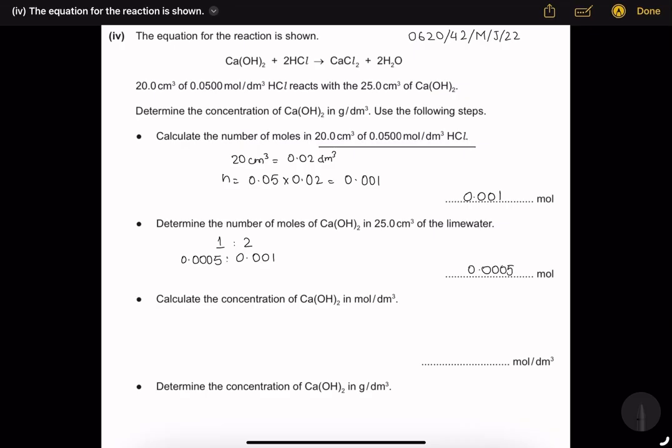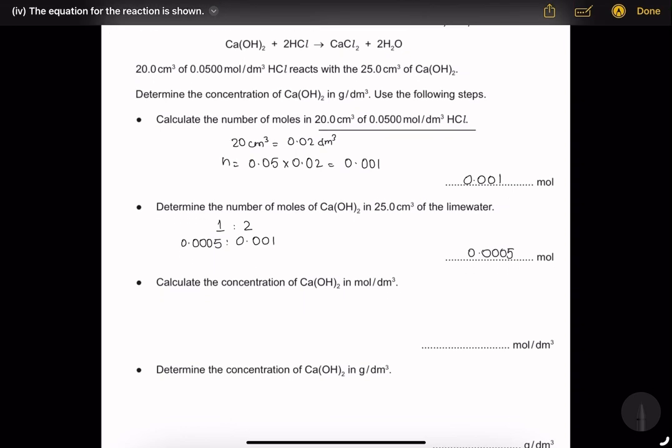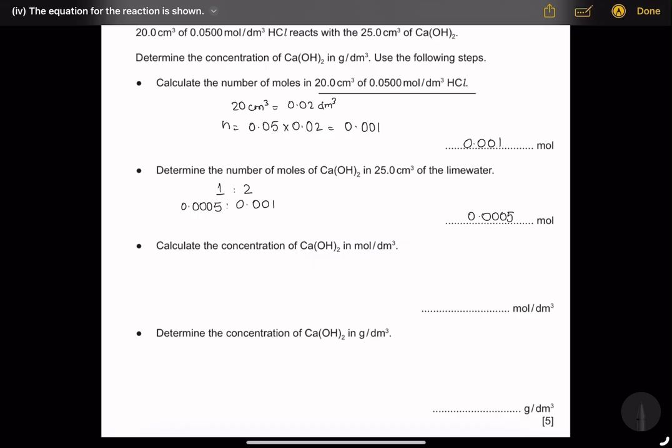Now calculate the concentration of Ca(OH)2 in mole per dm cube. So when we calculate it in mole per dm cube, we will again be using the formula n is equal to cv. The volume is 25 cm cube, which will be equal to 0.025 dm cube.